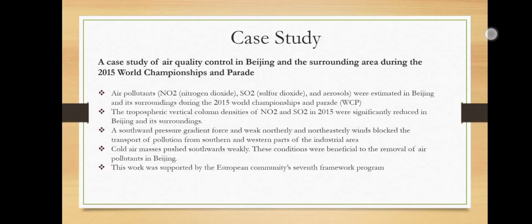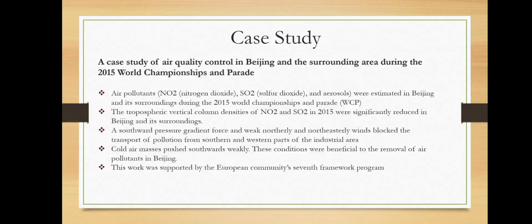And the next is a case study. A case study of air quality control in Beijing and the surrounding area during the 2015 World Championship and Parade. Air pollutants, nitrogen dioxide, sulfur dioxide and aerosols were estimated in Beijing and its surroundings during the 2015 World Championship and Parade.